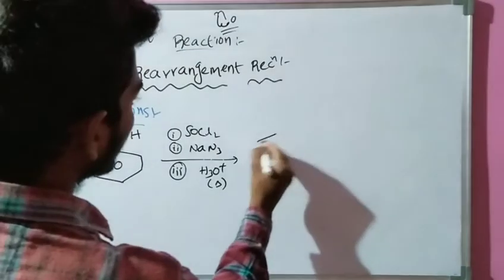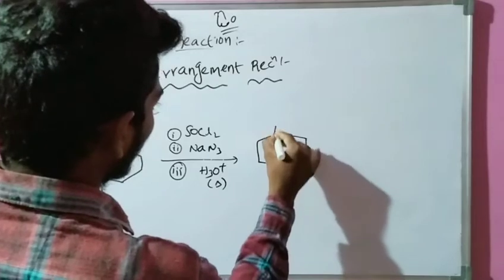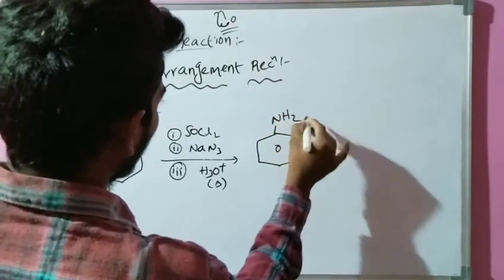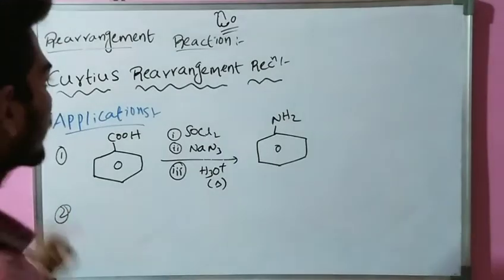Then it forms our required product, aniline. This is the first application of the Curtius rearrangement reaction.